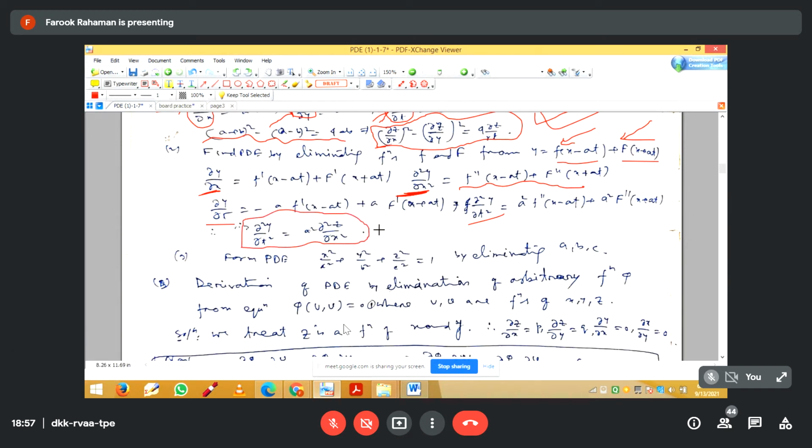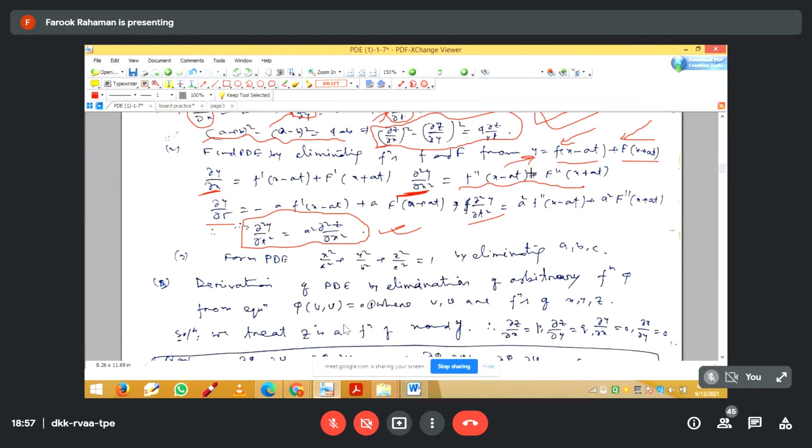What is the equation? This is the equation. That means we are able to find a new differential equation by eliminating the arbitrary functions small f and capital F. That means we can form a differential equation from the given function.